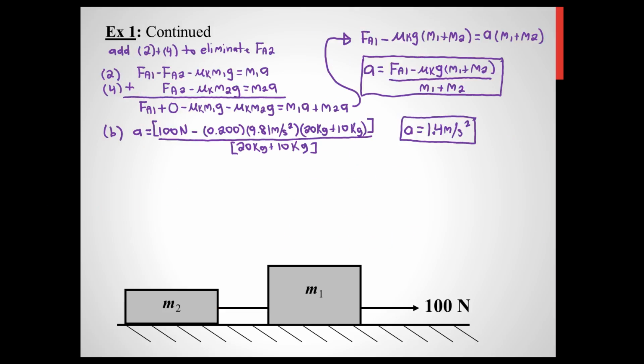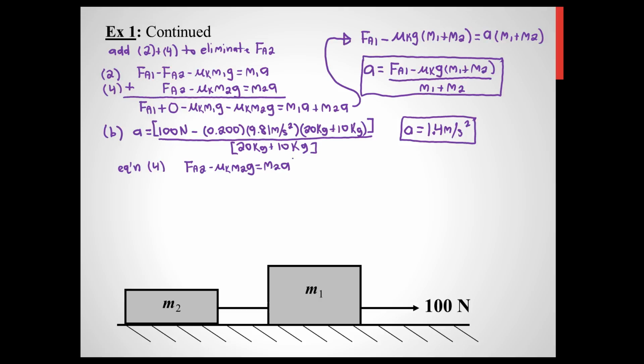So let's go back to my purple color. Okay, so that equation 4 is FA2 minus mu k M2G is equal to M2A.